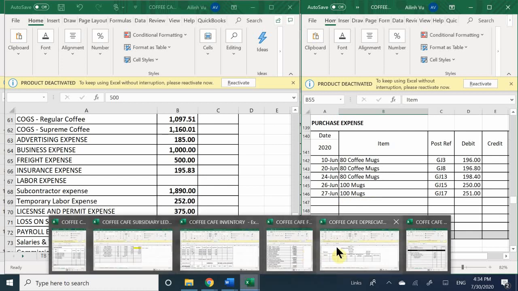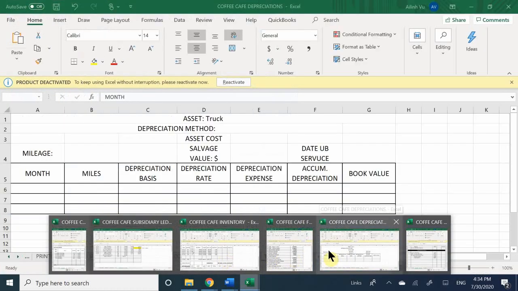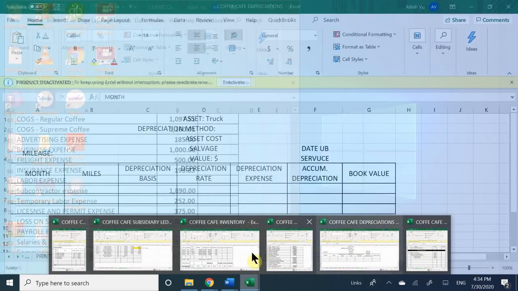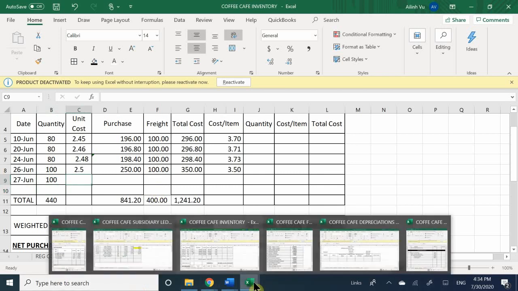So that means we didn't do a good job updating our inventory. So we need to fix it. We just didn't add the last one. For the 27th, we had an extra 100. Let me see what this purchase expense was for.